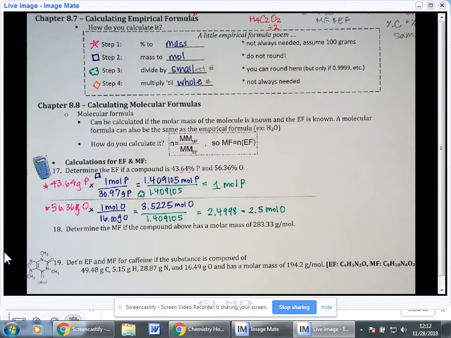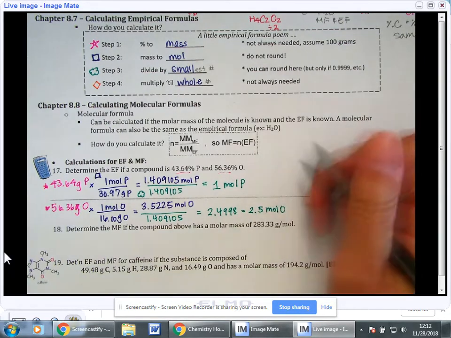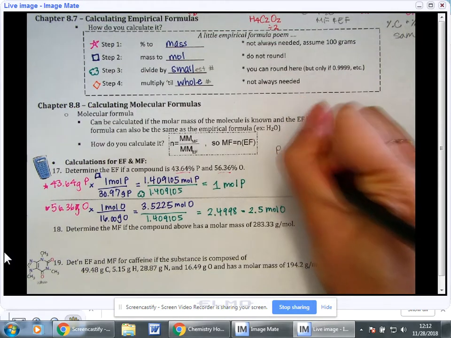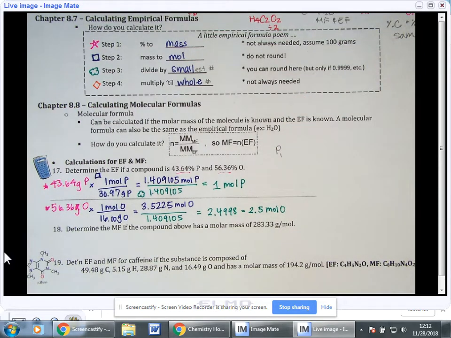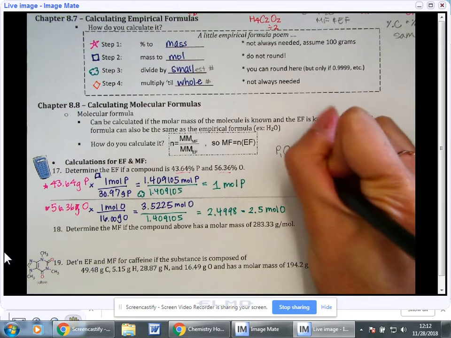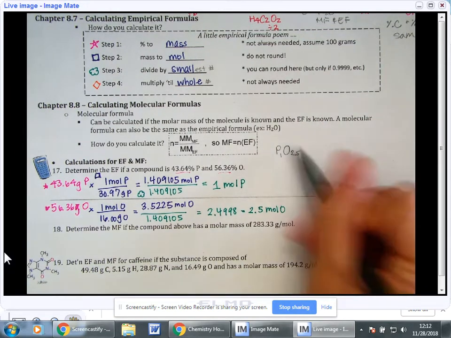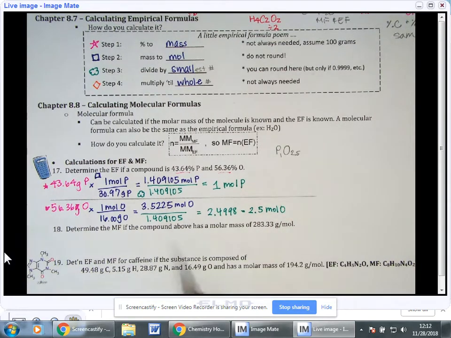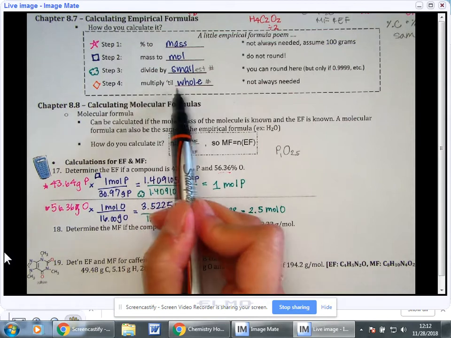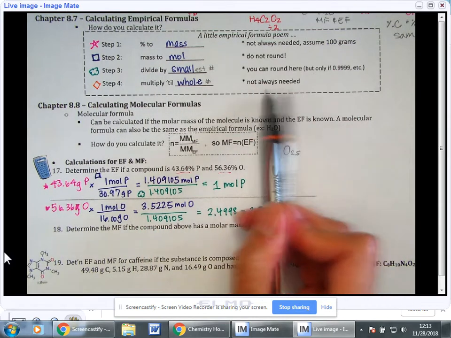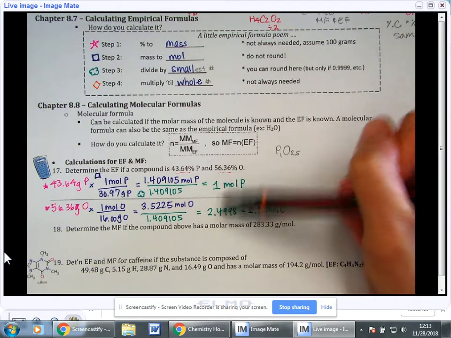If I were to think about the formula, this isn't the correct answer yet, but the formula would be 1 phosphorus to every 2.5 parts of oxygen. Normally when we're writing formulas, it's always in whole number ratios, so this isn't the final answer yet. I'm going to do step 4, multiply till whole. Here it says it's not always needed. If I had an answer of like 1 and 2, I would be done.